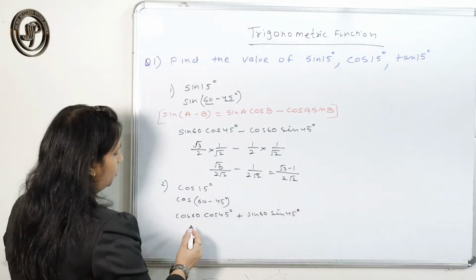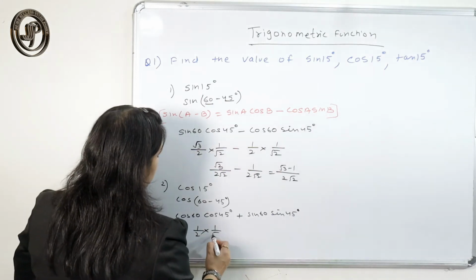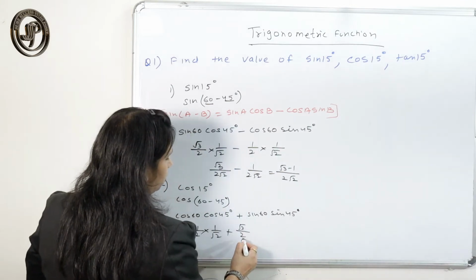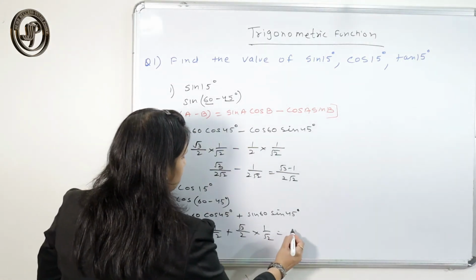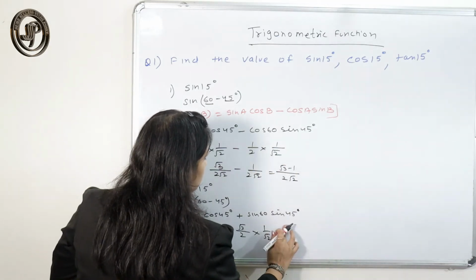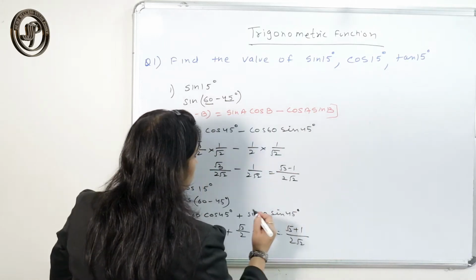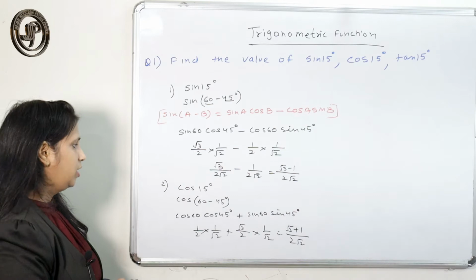Cos 60 is 1 by 2, cos 45 is 1 by root 2, sin 60 is root 3 by 2, sin 45 is 1 by root 2. If you add, you get root 3 plus 1 upon 2 root 2. That is how you can find the value of cos 15 degree.